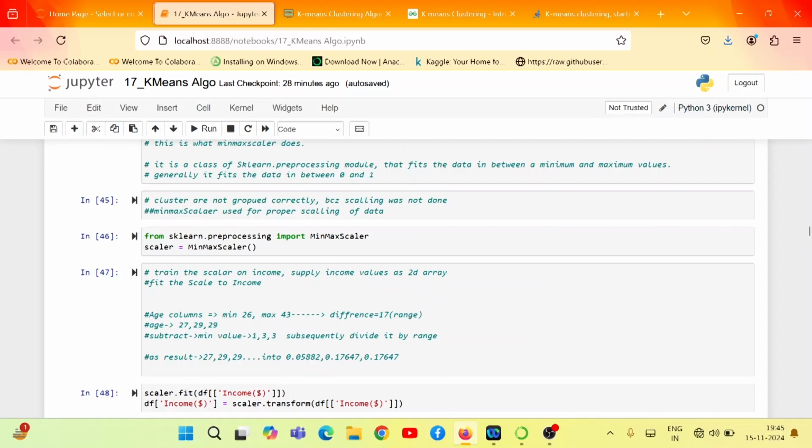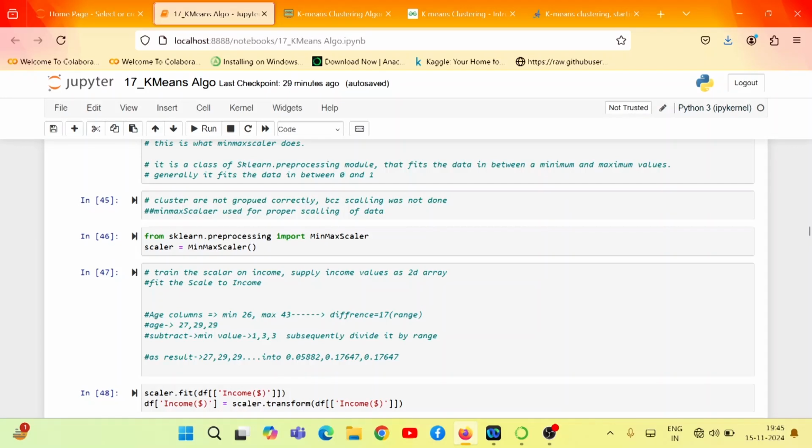The difference between min and max is 17, which is called the range, right? Now after calculating this range, the next step is for each value in a column, MinMaxScaler subtracts the minimum value in the column and then divides it by the range, right? So this is how it operates.